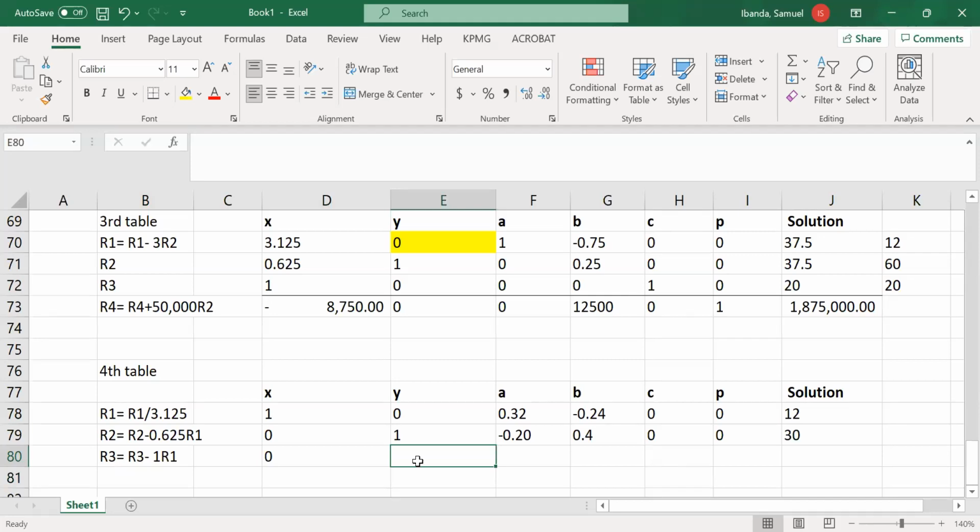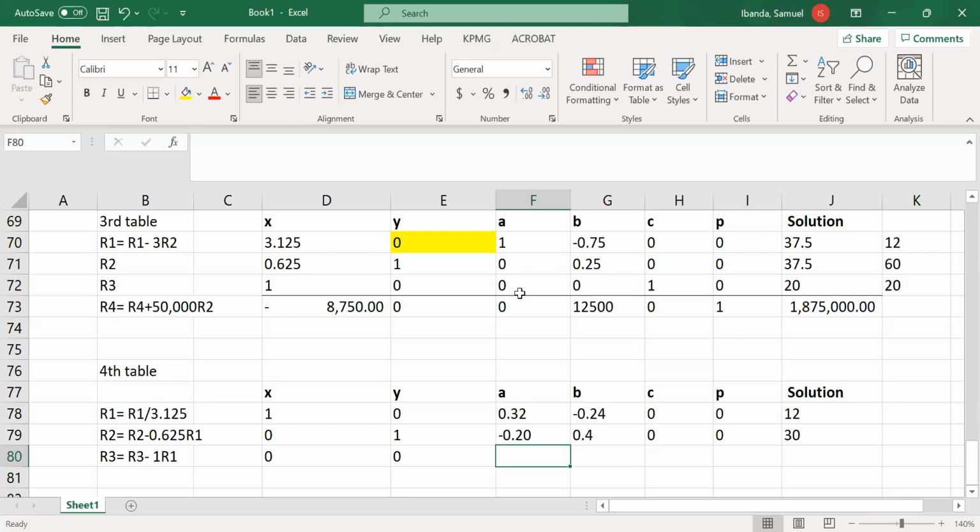Then when it comes to Y, remember we have our R3 that is current here is 0, minus R1, which is 0. So this will also still be 0. Let's try this. This is R3 minus R1. Remember we have this 0.32, which is our R1.